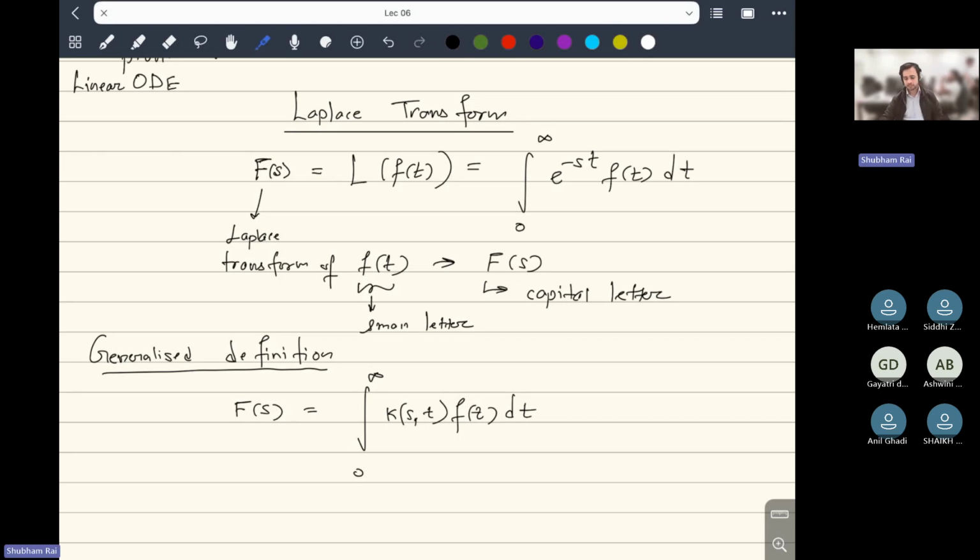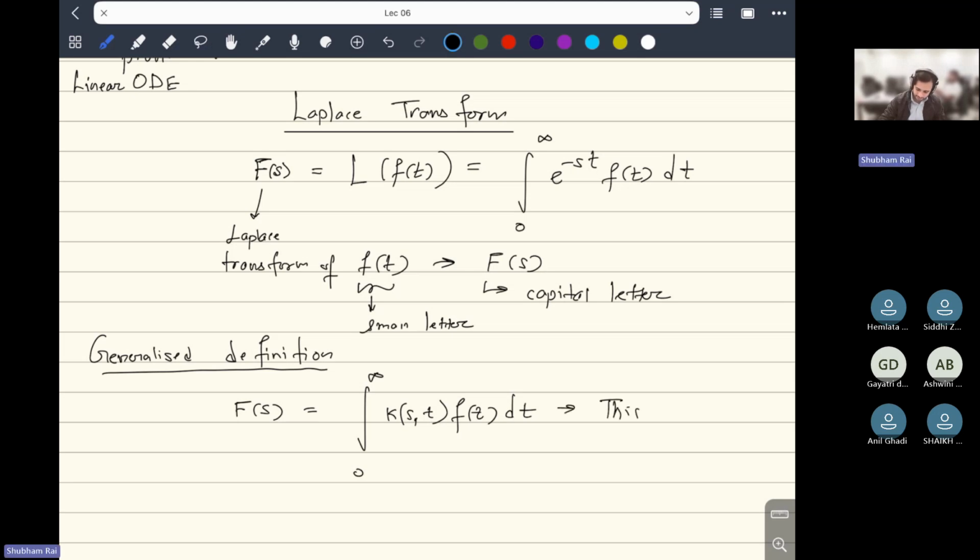Integral transform means you are transforming a function from one variable to another variable using integration. The function was in the time variable, and now I'm transforming it into the s variable using integration and multiplying it with a kernel function. The kernel function is a function of both the initial variable and the final variable, so it is a function of both s and t.